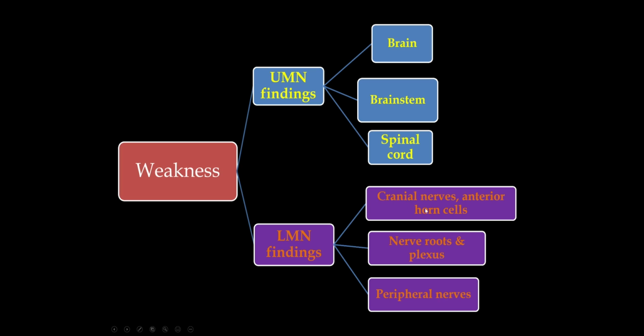So we have certain cranial nerve nuclei that supply facial and other cranial nerve musculature. Those are lower motor neurons. And we have the anterior horn cells, which travel throughout the entire spinal cord and are the neurons that supply muscles in your arms and legs. So these are the lower motor neurons.